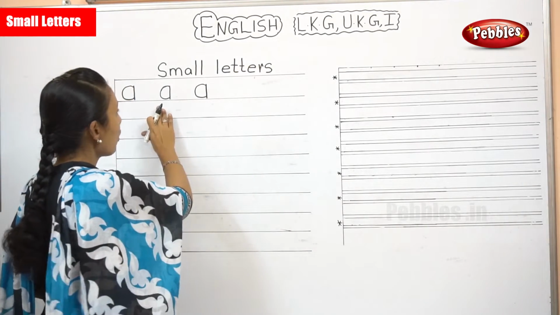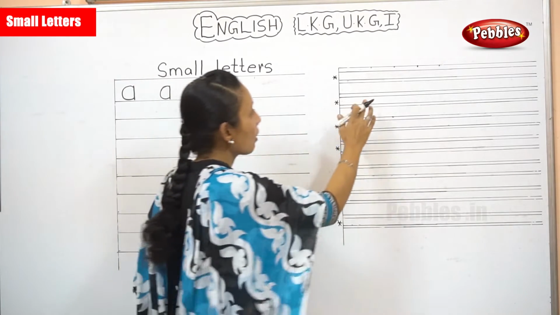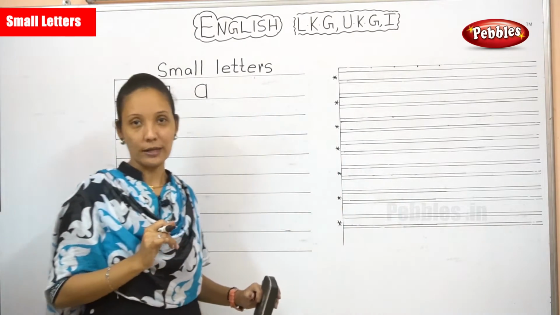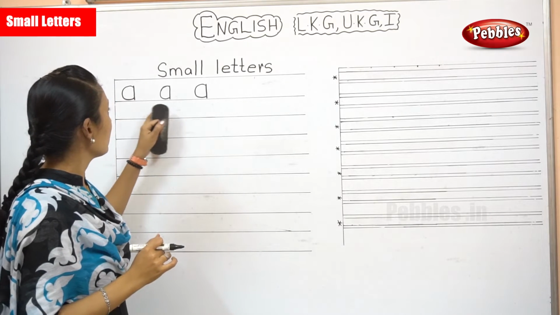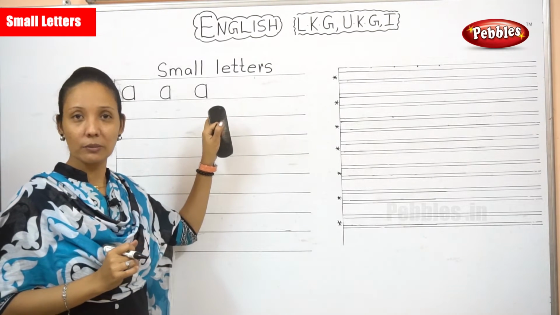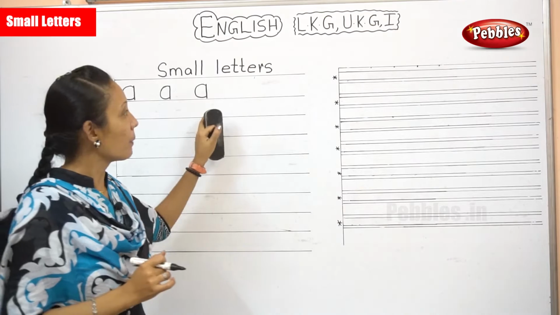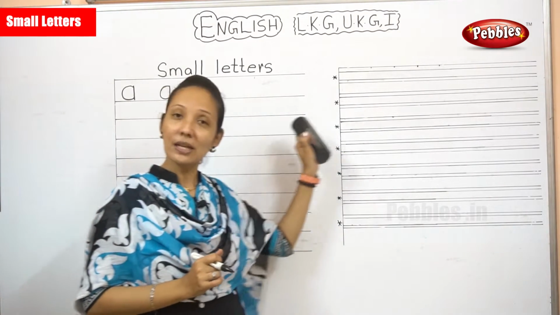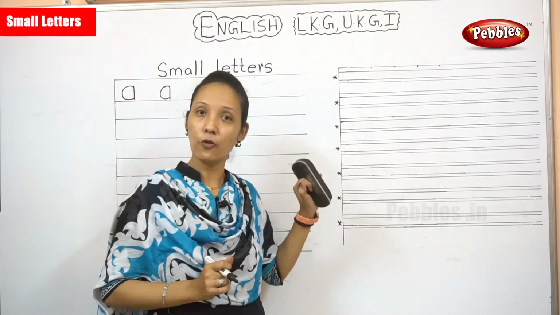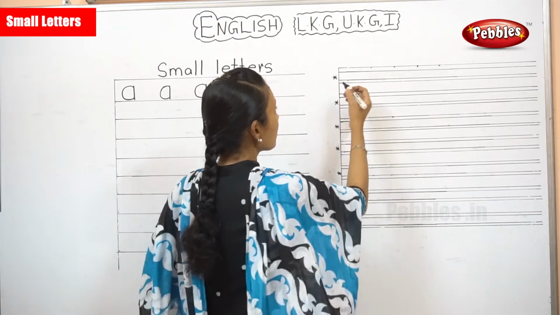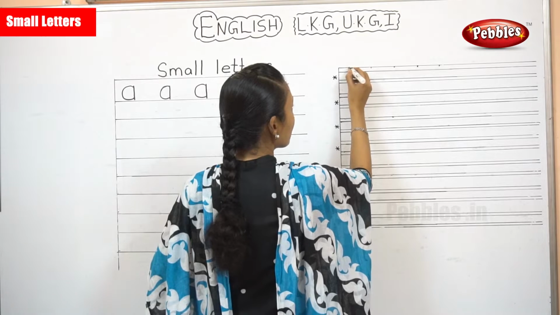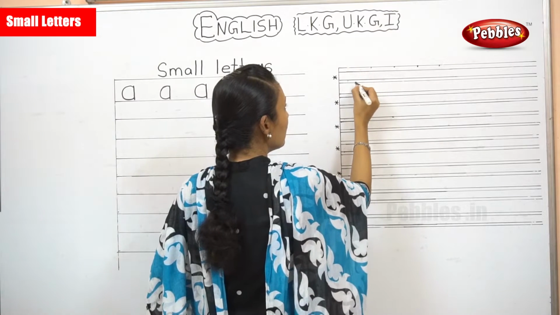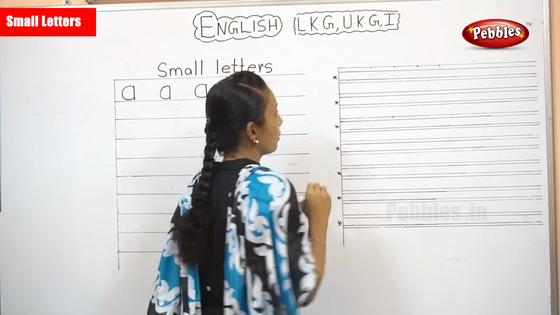Now this small a, I will teach you how to write it on the 4 line. You saw how this small a is written. Now let us see how to write the small a in your 4 lines, children. As I told you, this is your first line, your second line, your third line and your fourth line.